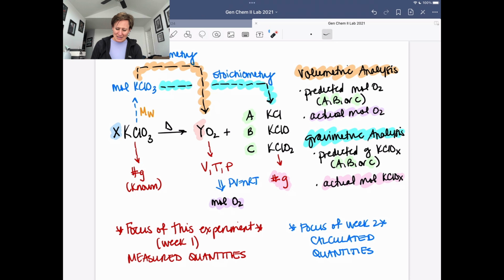Again, you're going to be collecting information on the volume, temperature, and pressure of the gas that's liberated. And importantly, you're going to weigh your test tube at the end. We don't know the identity of the salt that's in there at this point, but the difference, again, of that mass and the mass of your empty test tube is going to tell you the mass of that potassium salt that you have. At this point, you've gathered all of the experimental data that you need, and we're just going to hold on to that because next week we're going to work on doing our calculations.